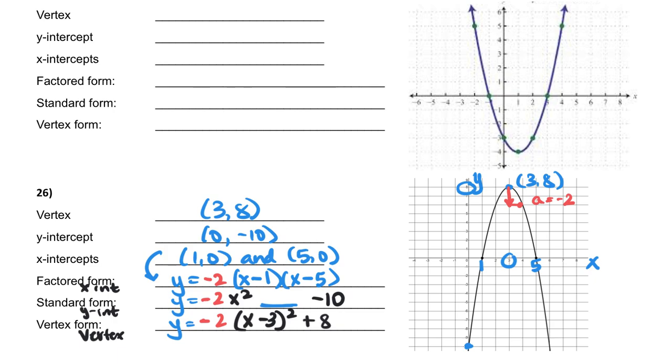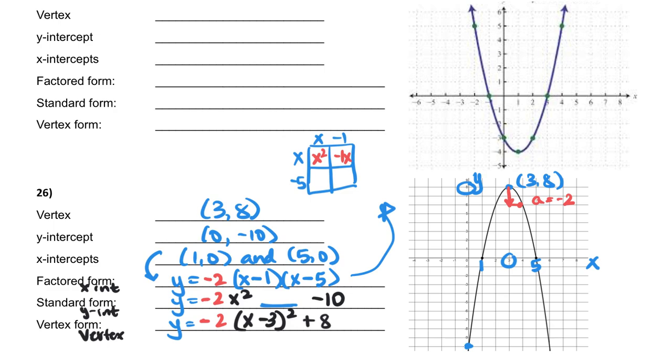So I always like to take our factored form and multiply it out. I'm going to use the box method just to keep myself organized. So I have x minus 1 and x minus 5, and we're going to multiply the outside to get to the inside. So x times x is x squared. X times negative 1 is negative 1x.